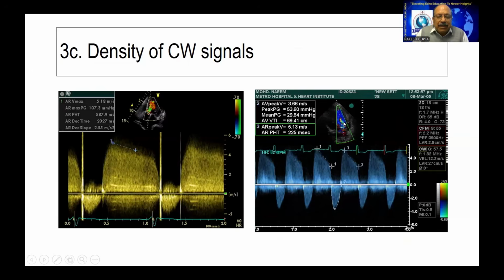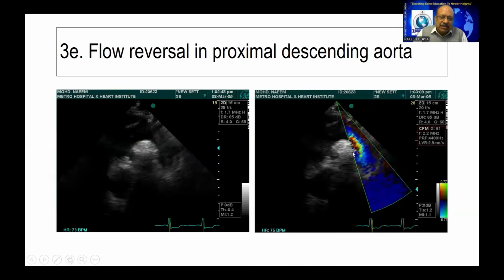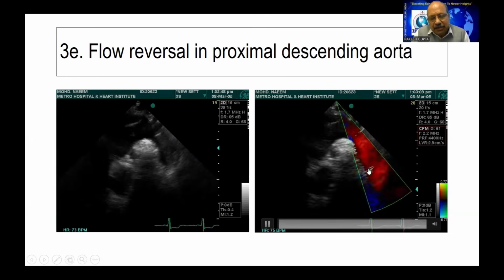Third important parameter is to go to apical 3-chamber or 5-chamber view. Put a continuous wave Doppler across this aortic regurgitation. What we look at is the pressure half time. If the pressure half time is less than 200 milliseconds, it is known as severe aortic regurgitation. And the fourth sign is a collapsing pulse.